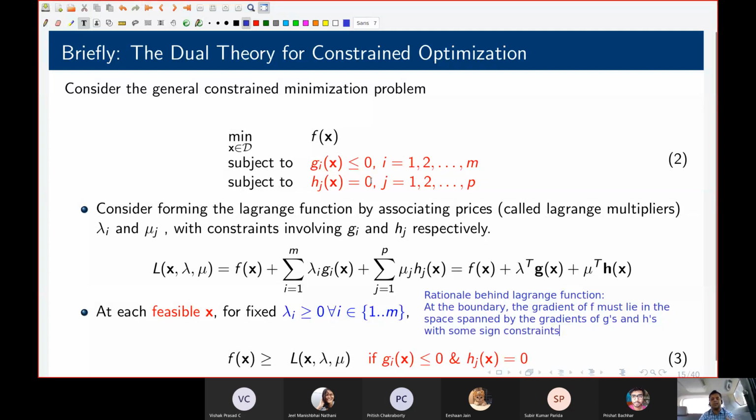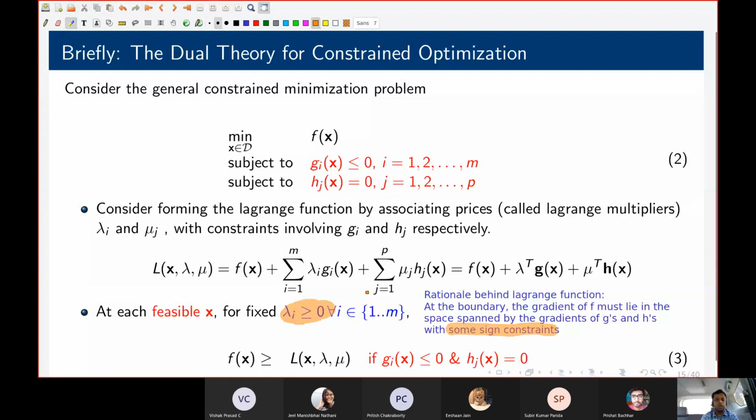You remember that the gradient of g and the gradient of f should be in opposite directions. But now when you have multiple g_i's, you're basically saying that the lambdas should all be positive. That's the sign constraint part that I've additionally brought in here.